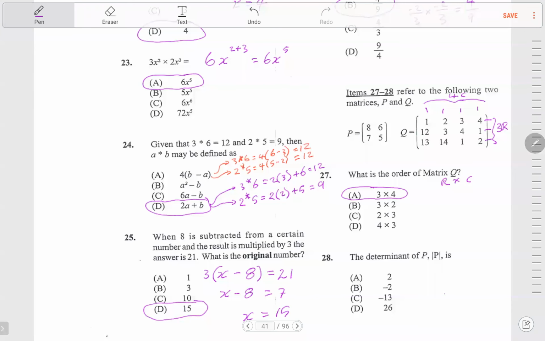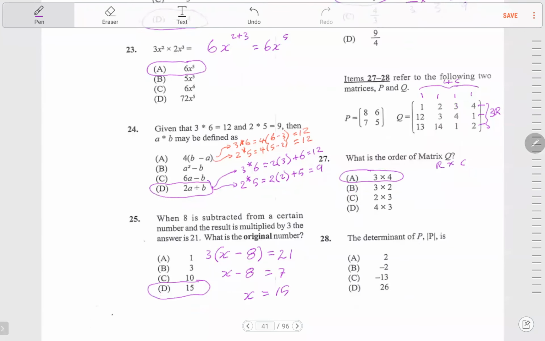Then we want the determinant of P. Now remember, the determinant of P is the leading diagonal product minus the trailing diagonal product. So it becomes 8 times 5, that's the leading diagonal, minus 7 times 6, that's the trailing diagonal.